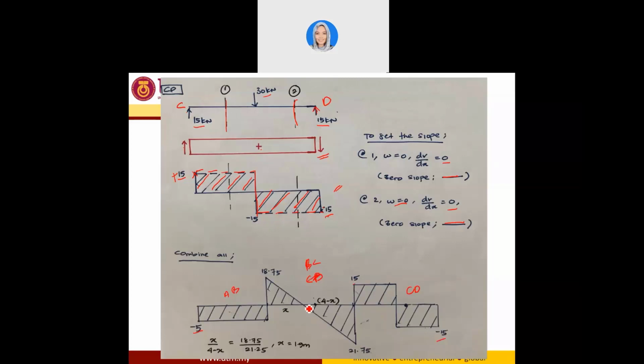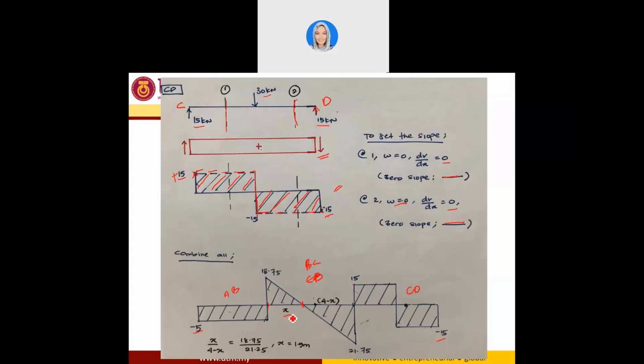And if you have a diagram like this one, and you wanted to determine what is the distance between this point B and the location where the shear force is zero, you could always do the ratio between the distance and also the shear force diagram.